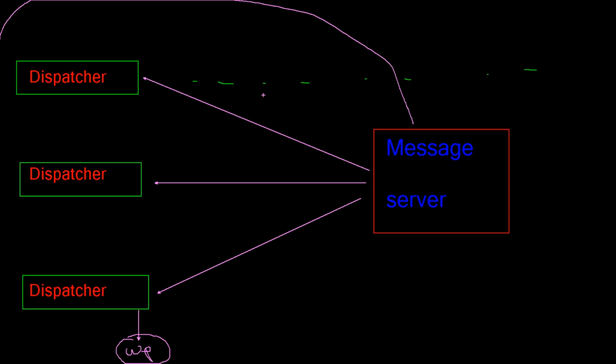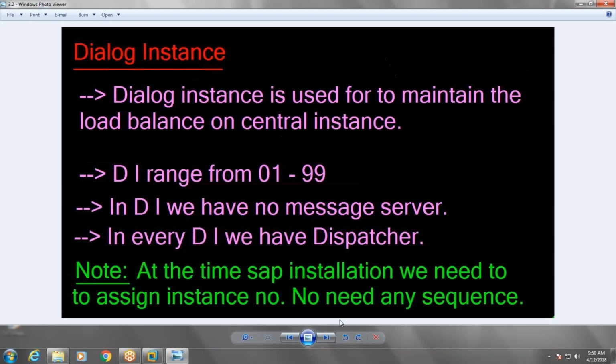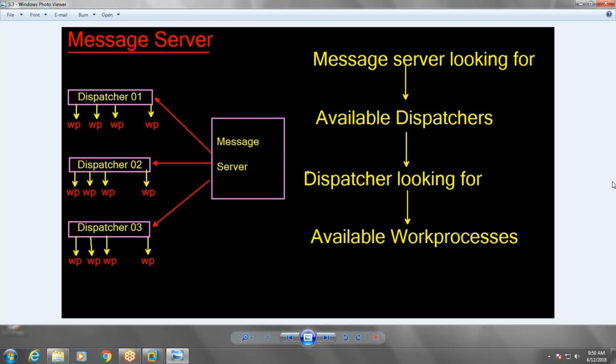In the same way, you can observe here, this is the message server. Whenever our server has only one instance, there is no need for a message server. It means the message server is there, but it is in idle mode and not useful. Whenever our server has more than one instance, the message server comes into the picture.